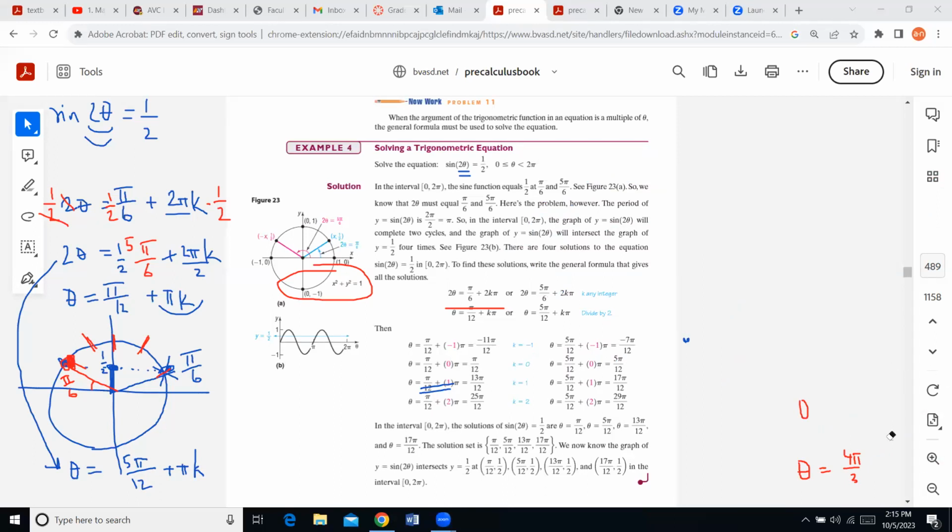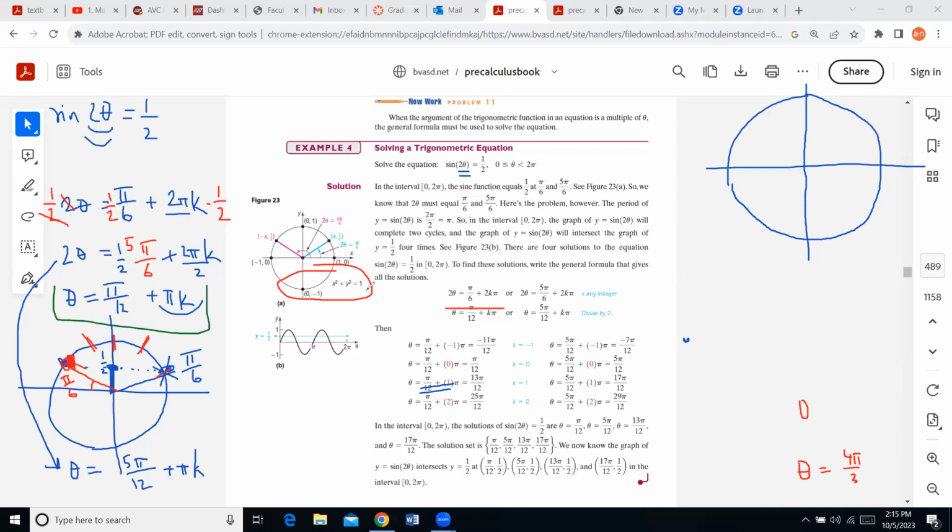So I'm going to be taking the circle and try to make a nice and symmetric picture. That's, I guess, important for this problem. So it looks like that for the first one, excuse me, for my first set of solutions, I have pi over 12.